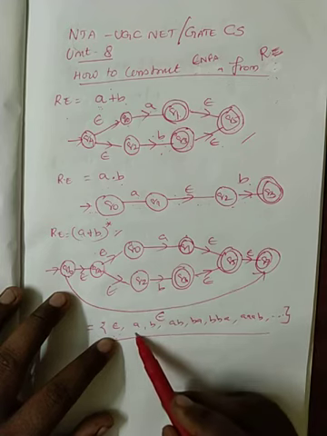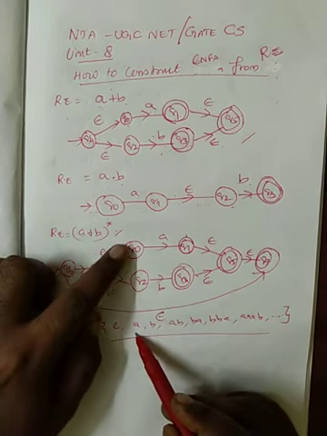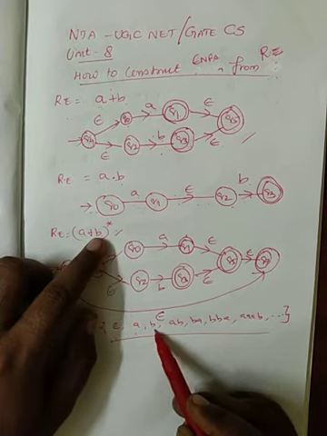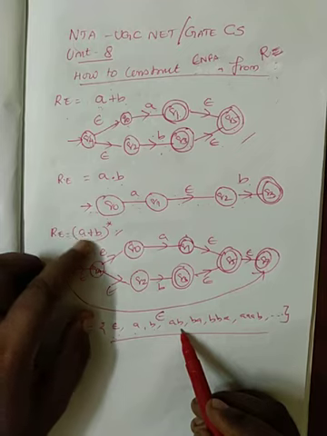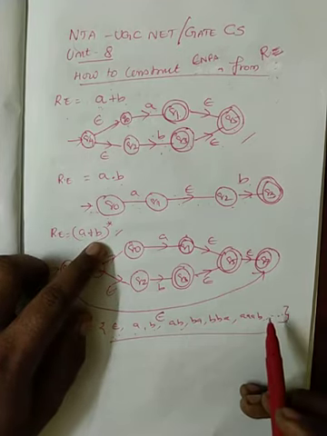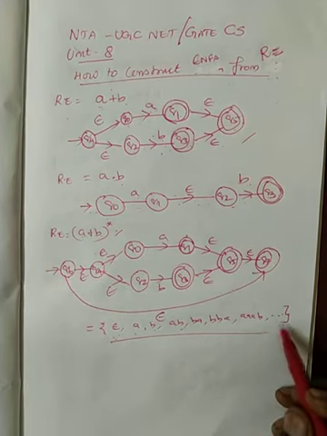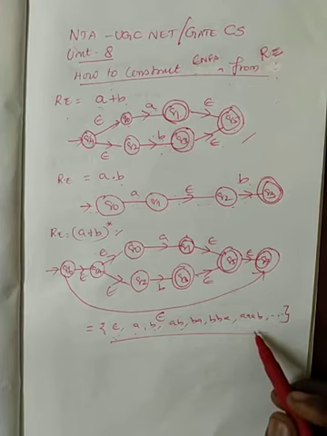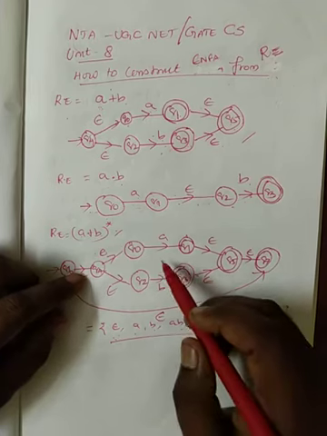Or A alone happens, so after A it may go to the end state, or after B it goes to the end state, or A first occurs, then again coming back, B occurs, and B goes to the final state. Like that we can have any number of A followed by any number of B, or any number of B followed by any number of A. Anything can happen.